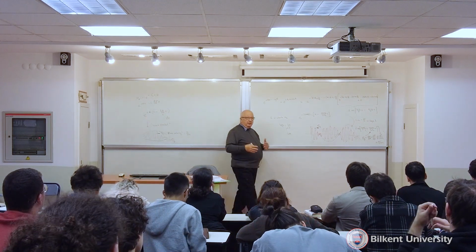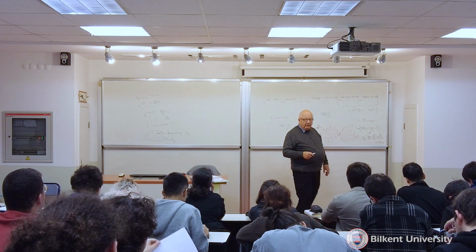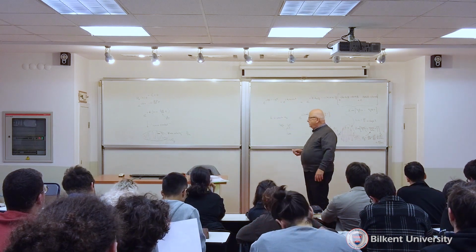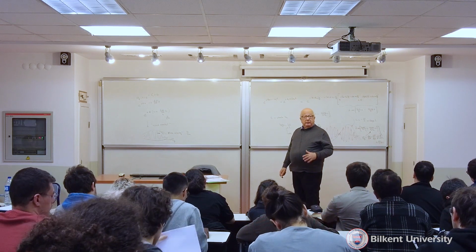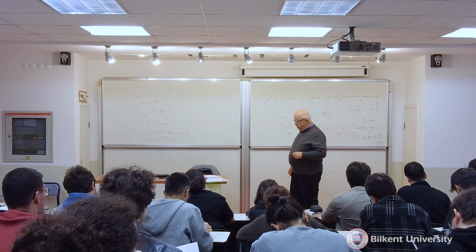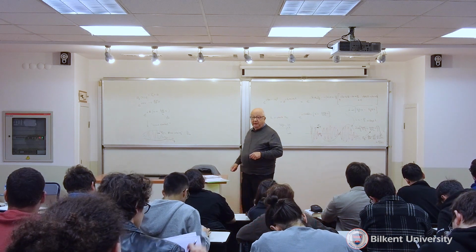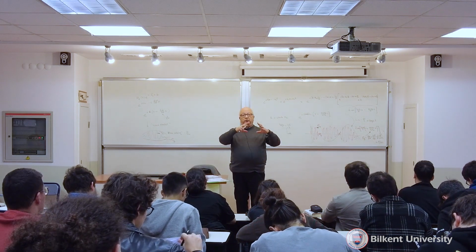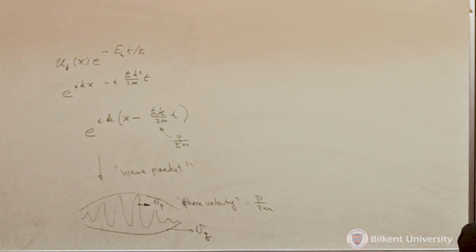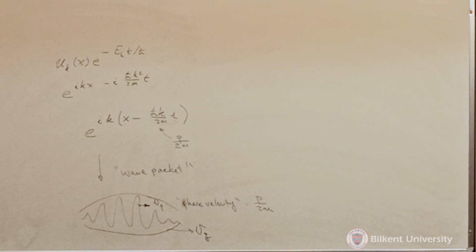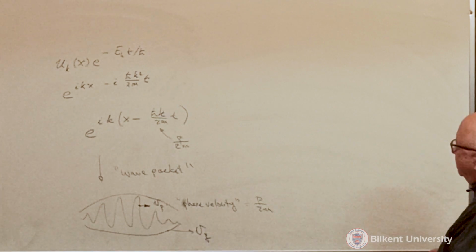Now, this is a sort of approximate argument, because we know that, for example, in the case of the Gaussian that we studied, the shape of the Gaussian was deforming as a function of time. In the case of the Gaussian, things are even better than a general form.